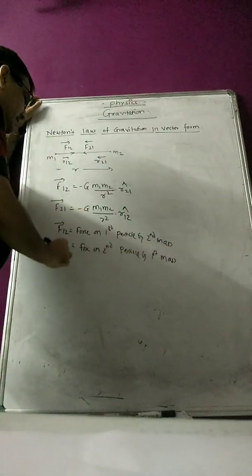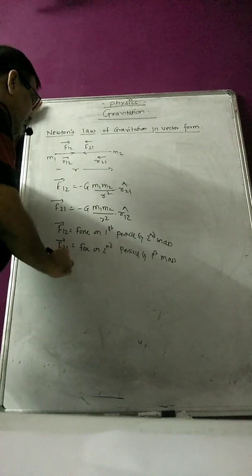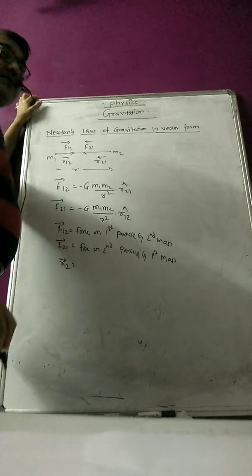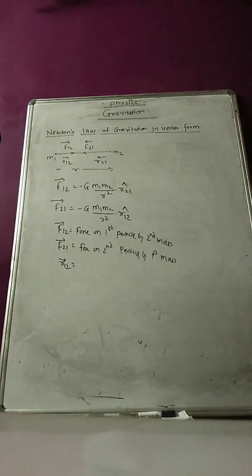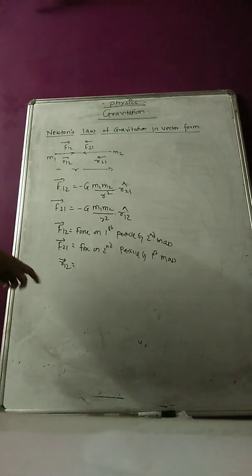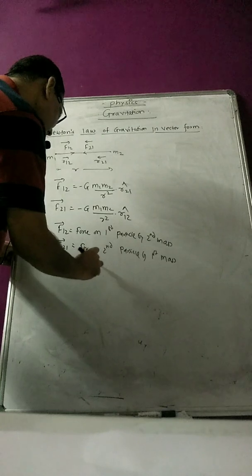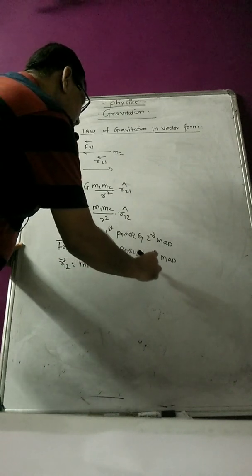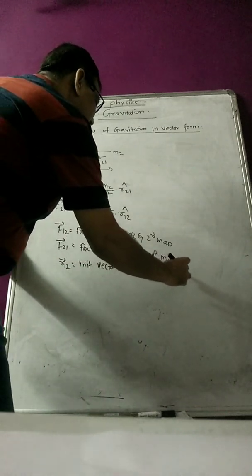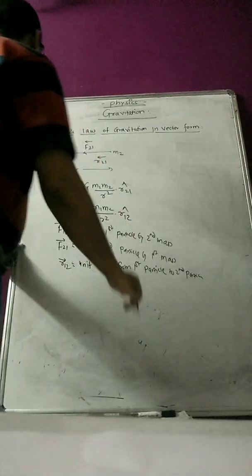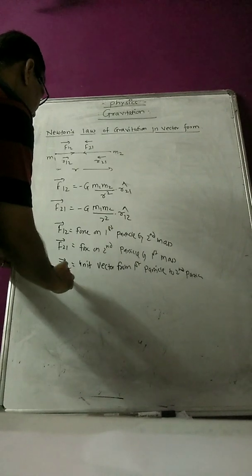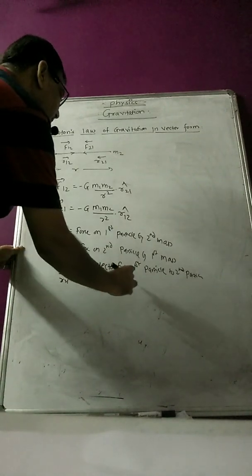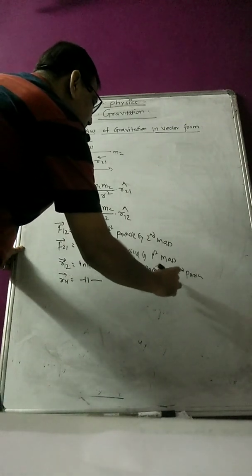Now r12 is the direction of the unit vector, the direction in which the force is exerted. r12 is the unit vector from the first particle to the second particle, and r21 is the unit vector from the second particle to the first particle.